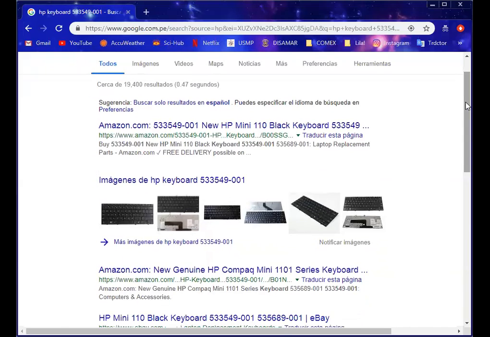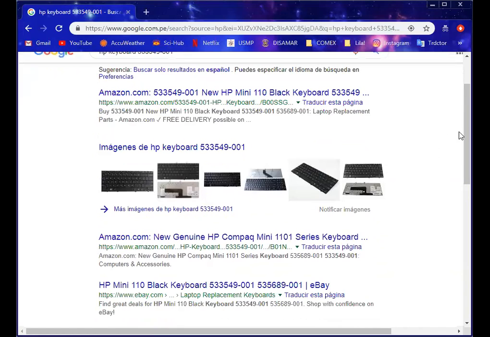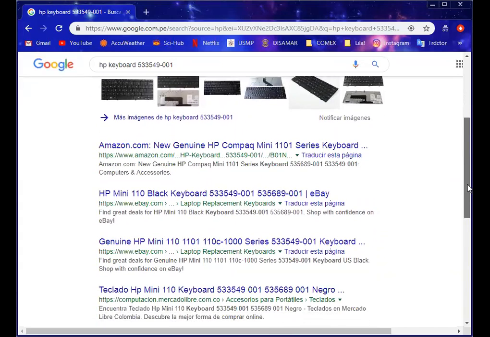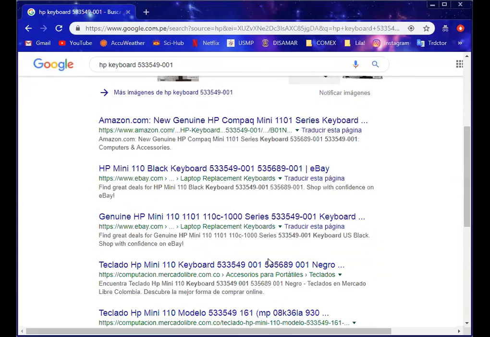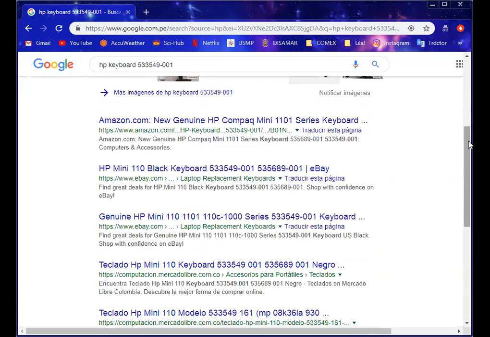If we scroll down a little, we're going to find that Amazon sells it. There's another Amazon seller. We have an eBay seller. We have one from Mercado Libre, but in this case it is from Colombia.